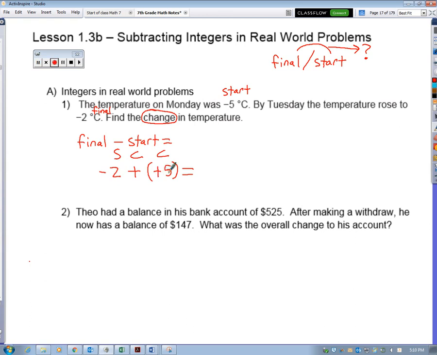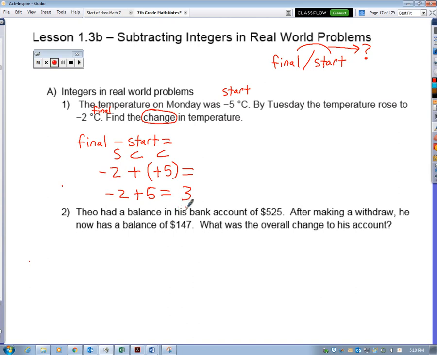So we just changed this subtraction problem into -2 plus 5. Going back to our rules from way back in 1.1 and 1.2, when we're adding and the signs are different, we subtract. So 5 minus 2 is going to give us 3.